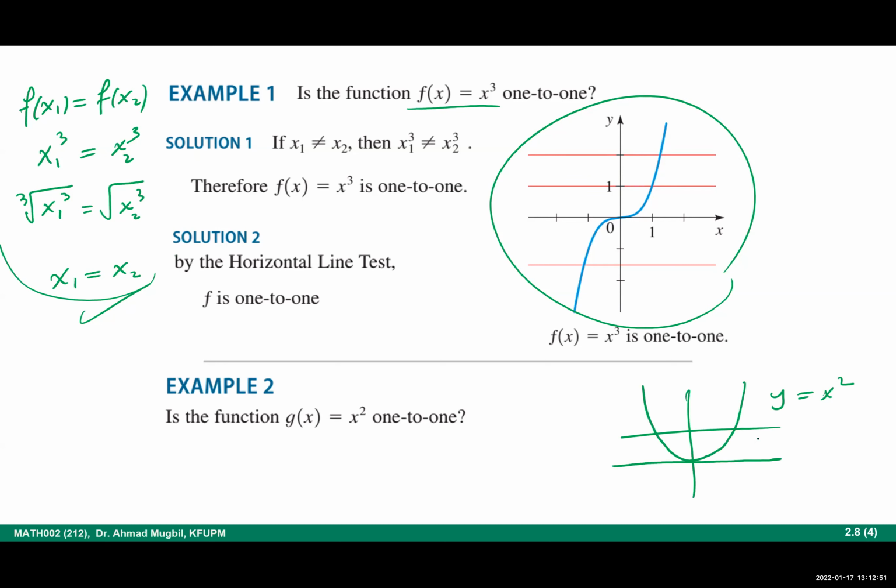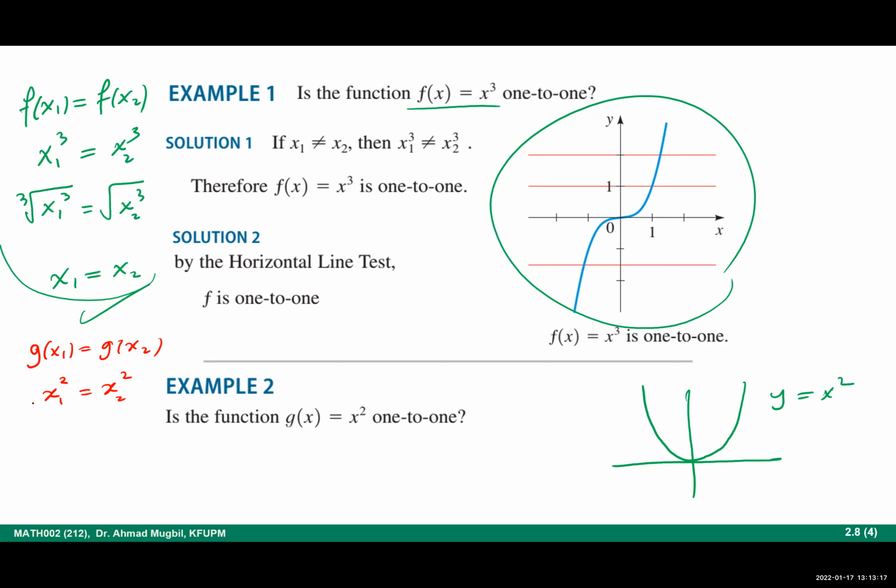Okay? Algebraically, how to show it? Some of you asked, why don't we do what we did for x to the power 3? Let's try that. Our function here is g. If you use g of x1 equals g of x2, what will happen? You will get x1 to the power 2 equals x2 to the power 2, right?